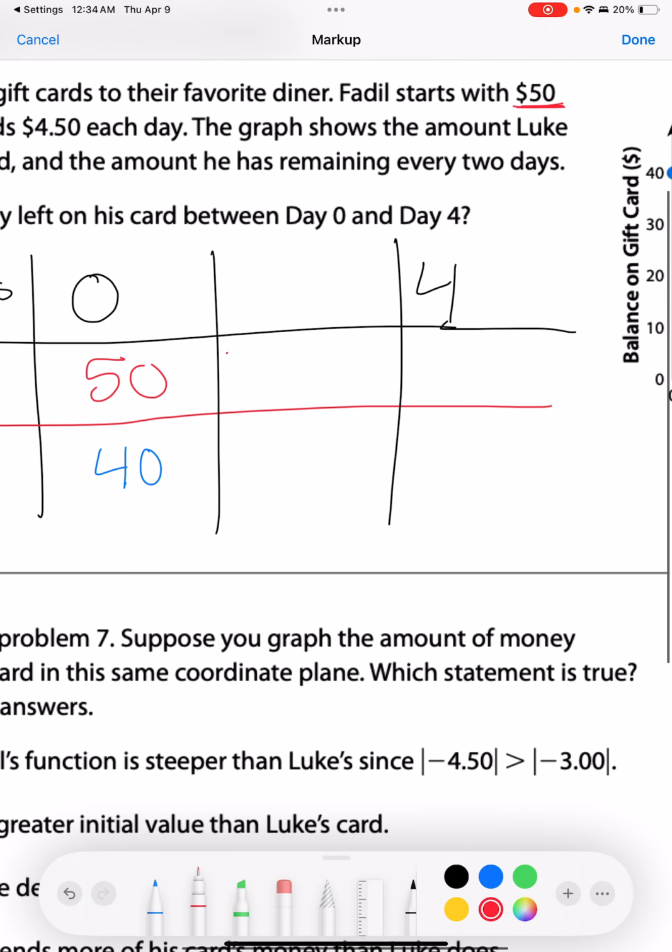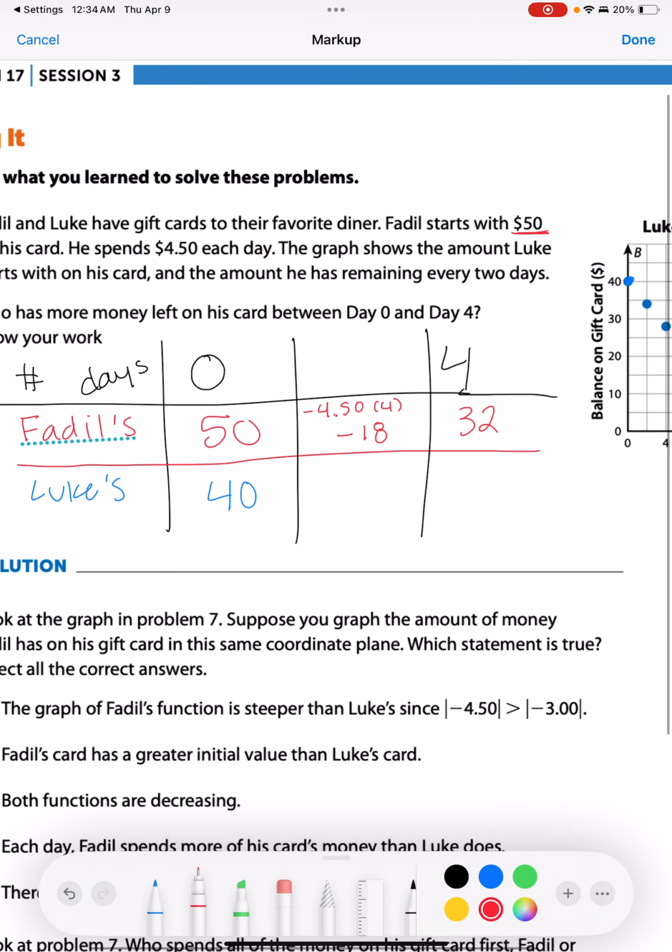So I'm going to subtract $4.50 each day times 4 days. Is subtracting $18. So I'm going to do 50 minus 18. At day 4, Fadil has $32. So this space is just my process and giving myself room to work.